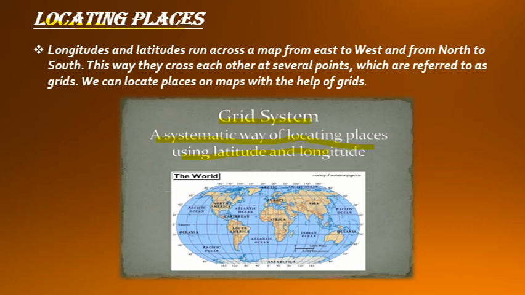See here. Now longitude and latitude run across a map from east to west, from north to south, this way crossing each other at several points which are referred to as grid.